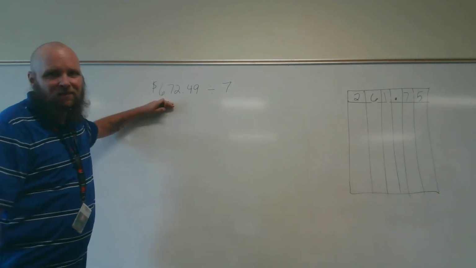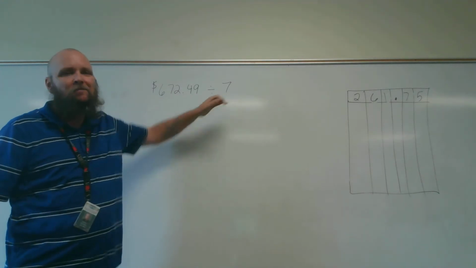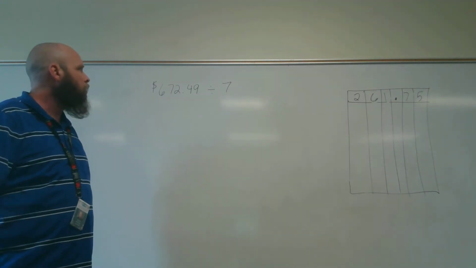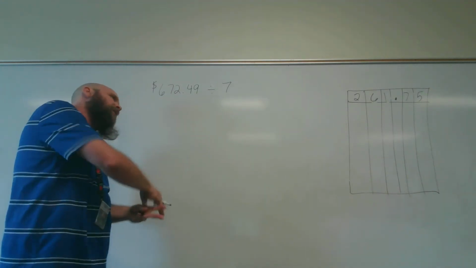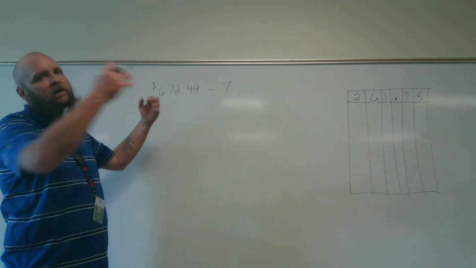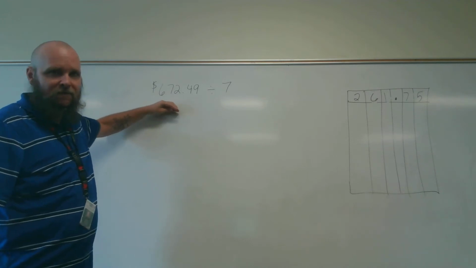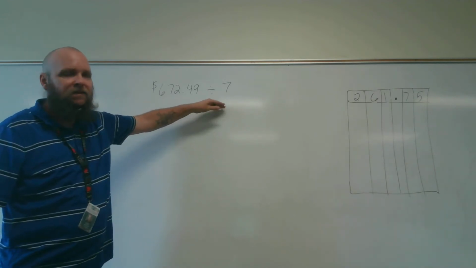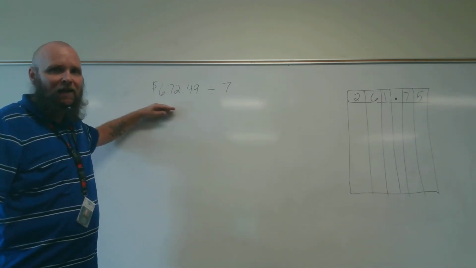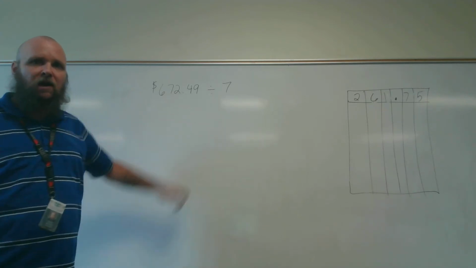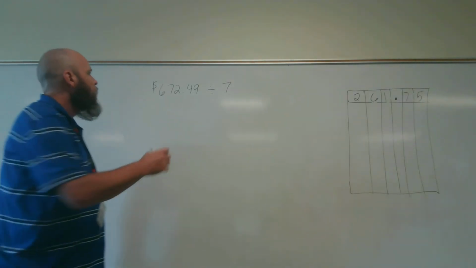If I rounded this to 700, 700 divided by 7 would give me an answer of 100. So I'm looking to be in the general vicinity of 100. It's going to be less than 100 because this is less than 700. So I'm dividing 7 into something less than 700, so my quotient is going to be smaller.